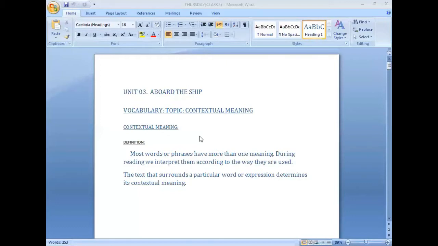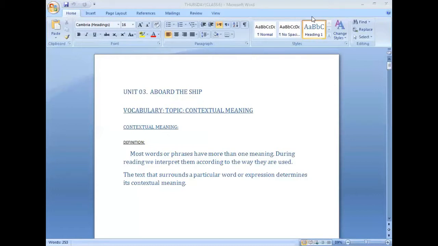So contextual meanings depend on the preceding or the following parts of the text to clarify the meaning. Like when we read a phrase like fit in, we read it in the last class. So we got the meaning of that phrase, fit in, by reading the text.